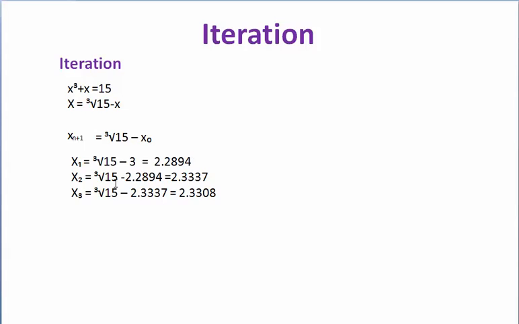The answer then goes into here, our x subscript 2, and then the answer to that goes into here, our answer to x subscript 3, and we can see that this is now converging to 2.3, so the answer is x equals 2.3 to 1 decimal place.